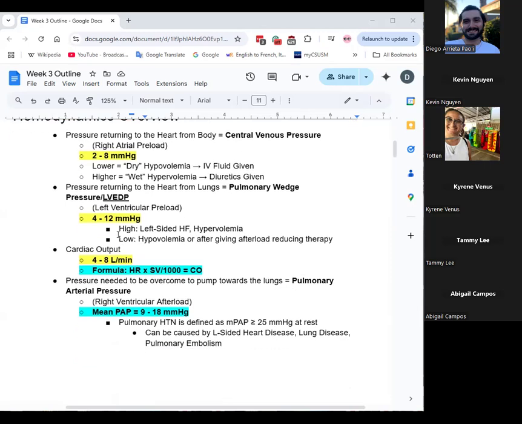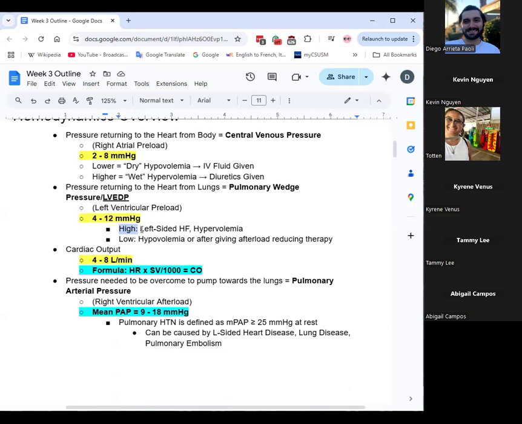How to interpret this number? When this number is high, it means there's a high amount of pressure in your left ventricle. Why could that be? It could be due to left-sided heart failure. If the left side of the heart is having trouble pumping, it ends up building pressure on that side of the heart.